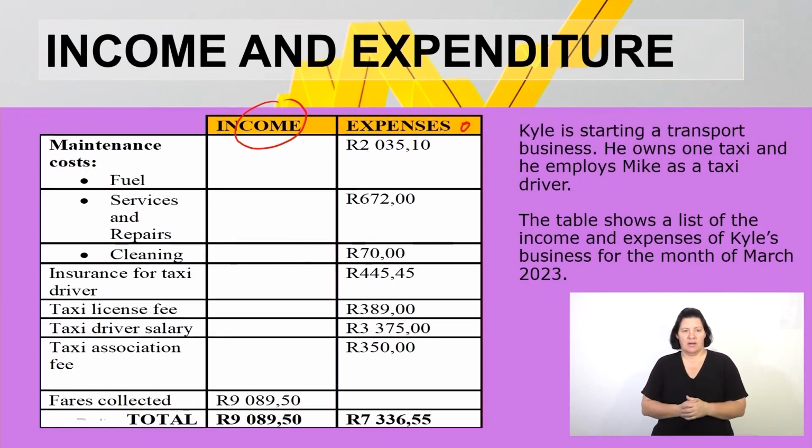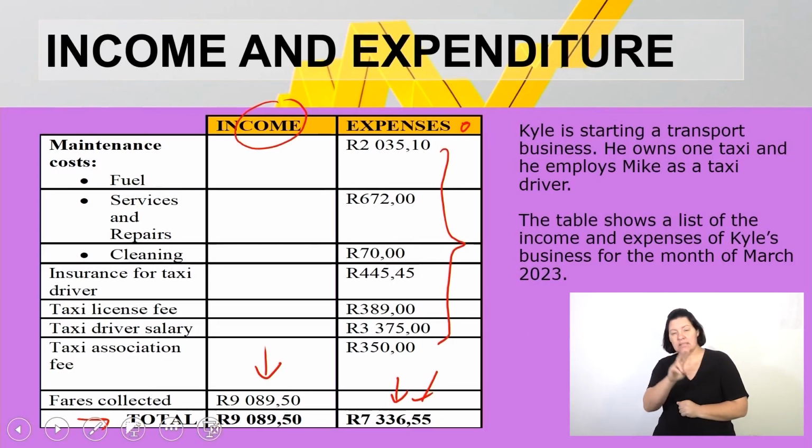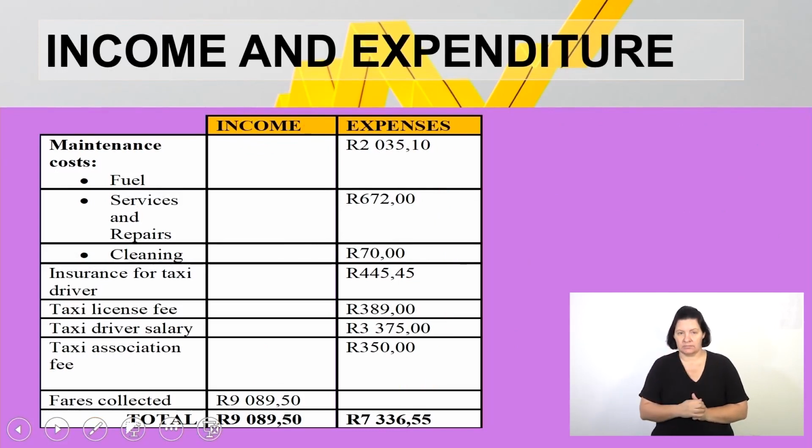So we have our total here, which indicates the total income, which is 9,089.50 Rand. And then we have our total expenses, which amounts to 7,336.55 Rand. So meaning, if we add all of this, it should give us this answer here. Now let's see what is our first question.